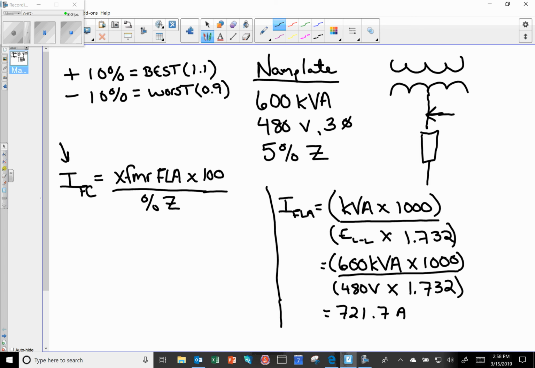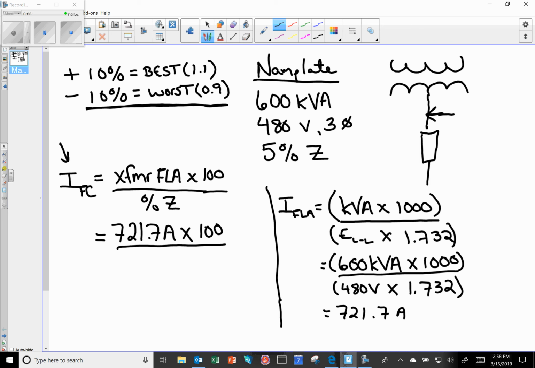So now that we know that, we can easily punch in our information over here to calculate our fault current. So we know that our full load amps were 721.7 amps times 100 divided by, now we need to know that in this question, they're wanting to know the worst case scenario.